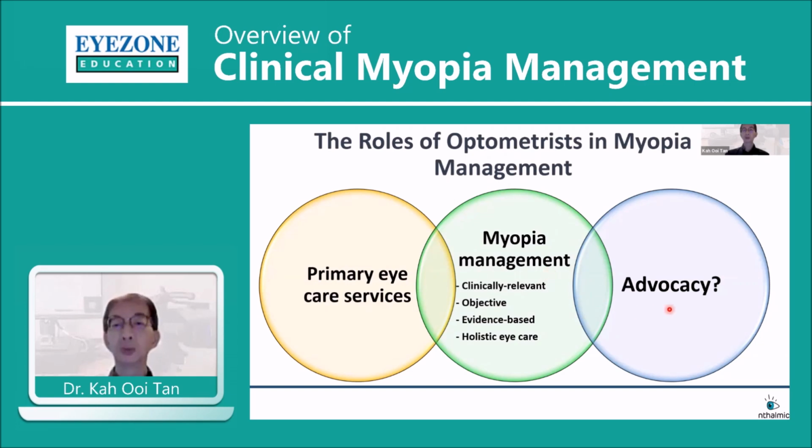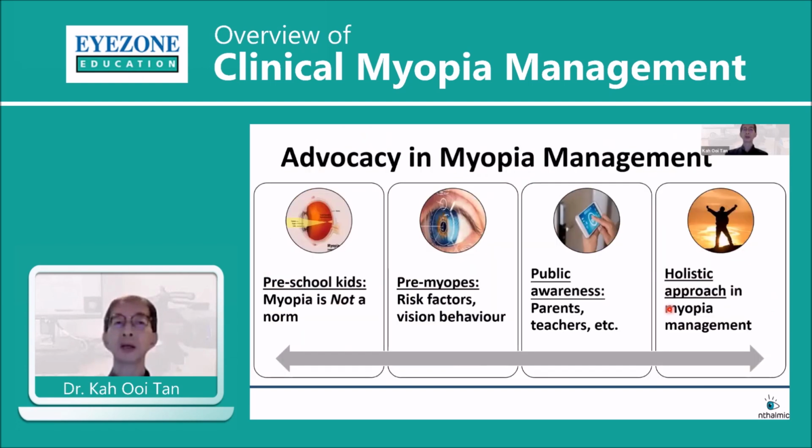And of course, to play a role in advocacy, to start educating parents, schools, teachers, and people around us about this myopia burden and what we should and can do to address this problem before it's too late, before someone ends up with high myopia and visual impairment due to retinal diseases, retinal detachment, etc. So advocacy in myopia management can be done through local societies, schools, parents, and teachers, but we have to send the right message to the people around us.